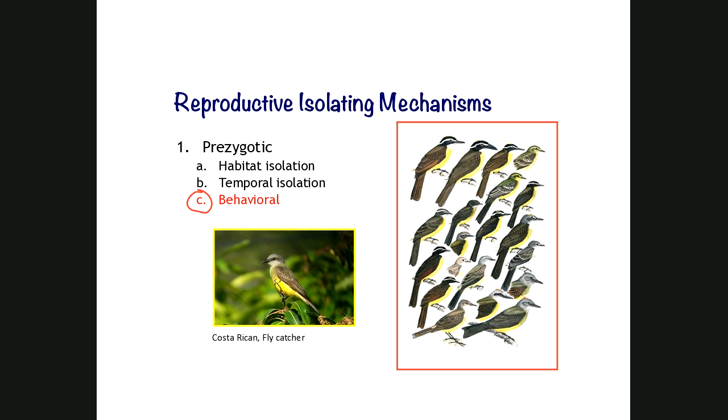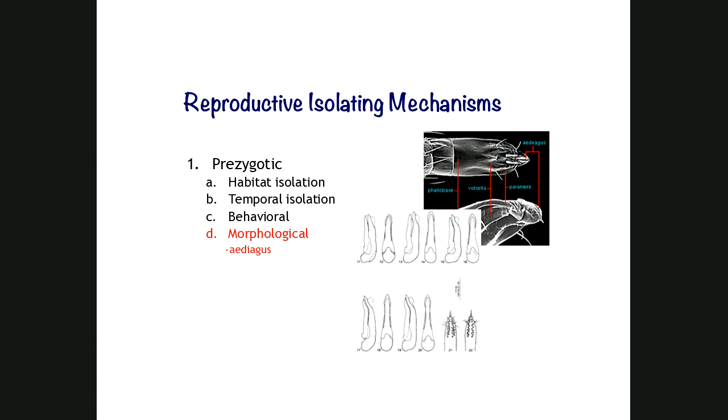Even though they look relatively similar, they are slightly different species of flycatchers. The females can tell the difference by the way they behave. So those are behavioral isolating mechanisms.